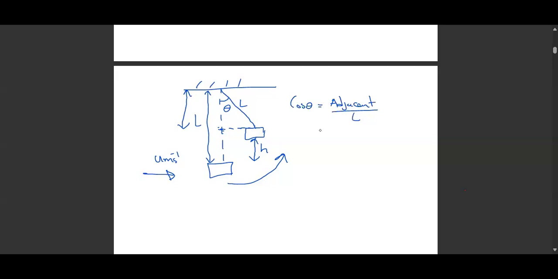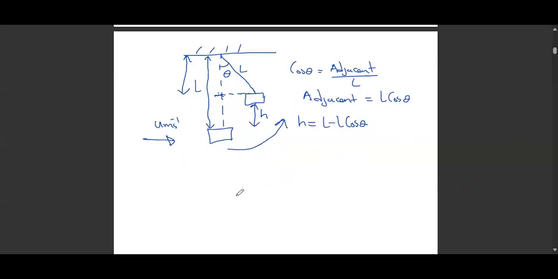So my adjacent is going to be L cos theta. Now, if you observe, from here up to here it is L, but from this point up to the point of suspension, it is the adjacent. So my h is going to be given by L minus L cos theta. That's going to be the height.